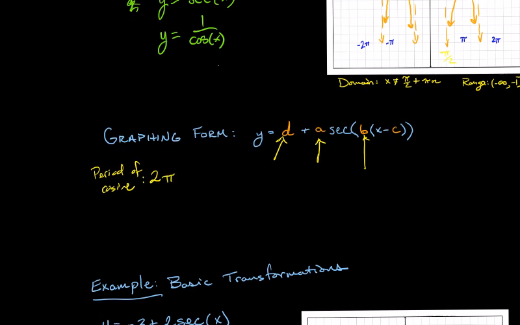So that's going to be the period of secant, and so the way we'll do a period change is we'll do 2 pi, the original period, divided by B, and then the last thing I'll say is remember it needs to be factored in order to see the horizontal shift or the phase shift.